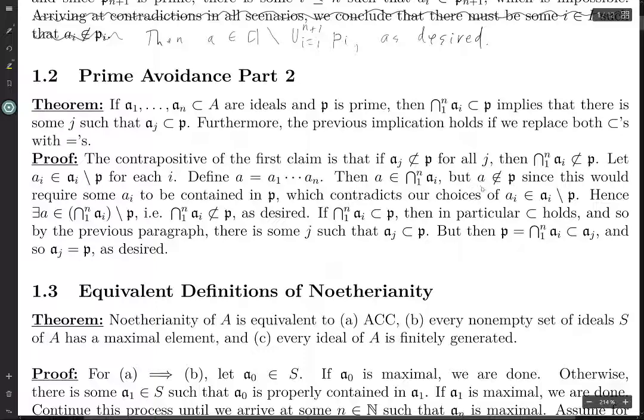But we also know that a is not in P, because if a is in P, then since P is prime, some factor a_i must be contained in P, but that contradicts our choice of a_i for every single i. So therefore we have an element a which is in this intersection but not in P, i.e. this intersection is not contained in P, and that's the exact contrapositive statement we wanted to prove.